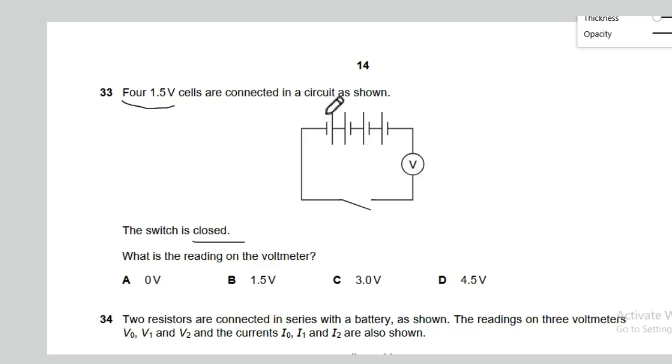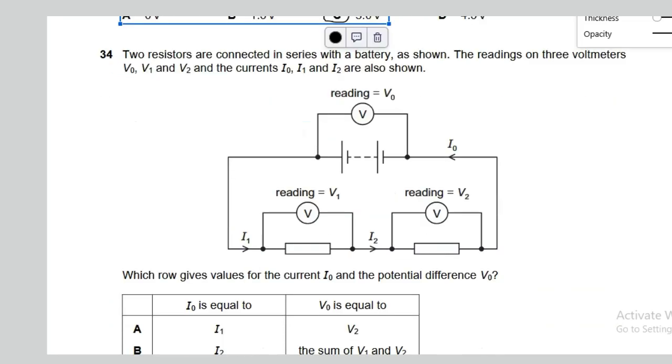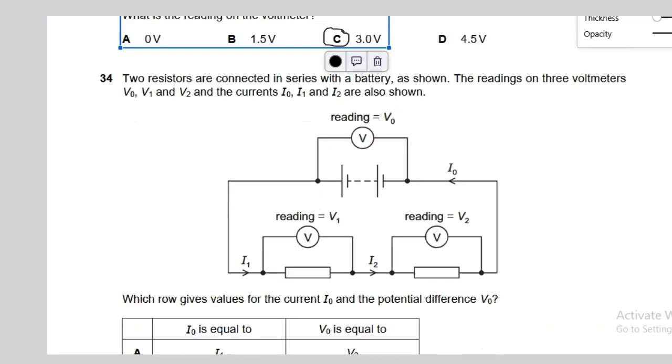You can see that these two cells are connected in opposite polarity, so they will cancel each other out, and therefore only these two cells will remain. Each cell is 1.5 volt, so 1.5 plus 1.5 is 3 volt. And therefore 3 volt is the answer.